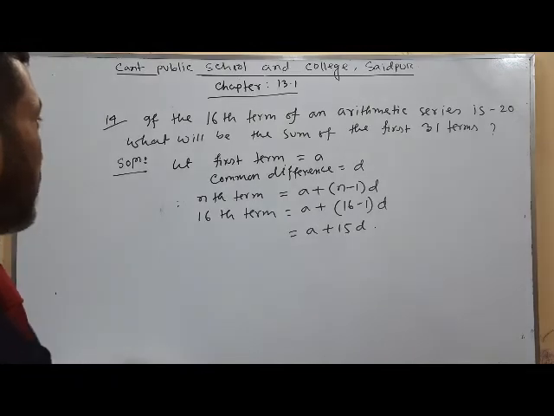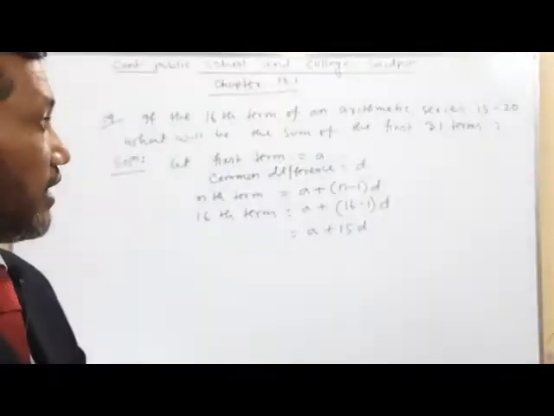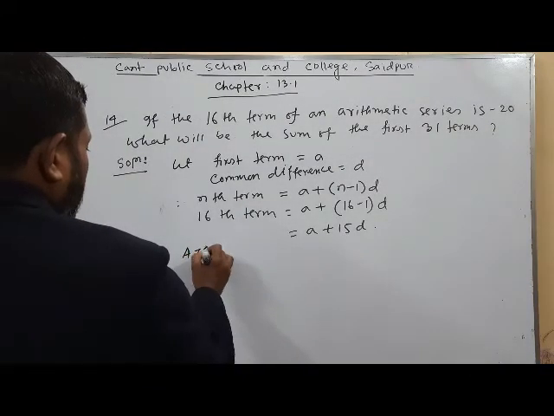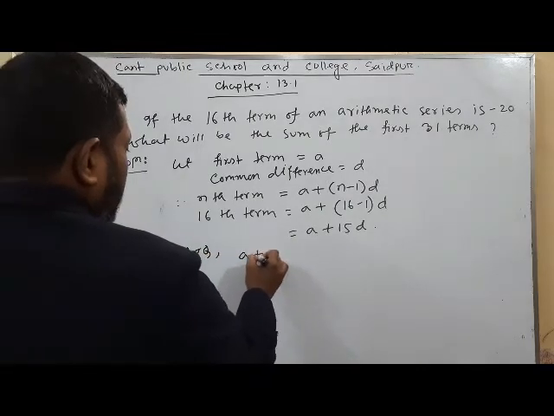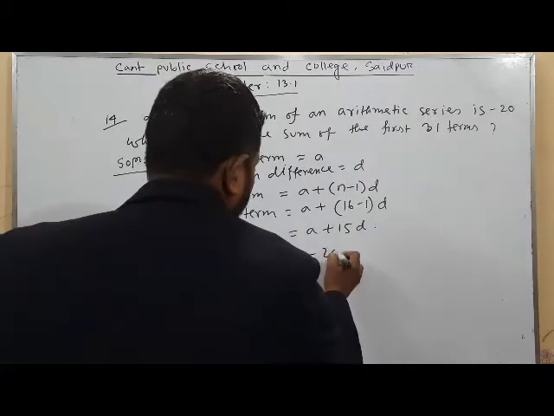According to this question, the 16th term of the series is minus 20. So according to the question, A plus 15D is equal to minus 20.